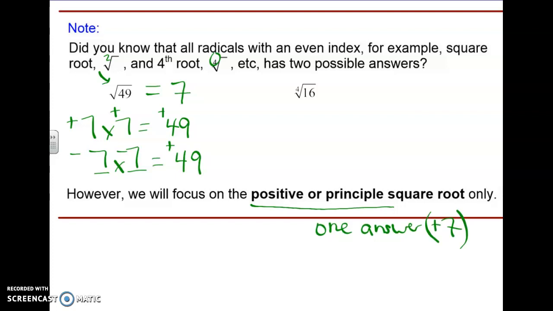If I look at the fourth root of 16, once again, the fourth root here is an even index. If it's an even index, I'm thinking what number multiplied by itself now 4 times would give you 16? Well, 2. 2 multiplied by 2 multiplied by 2 multiplied by 2 is 16.